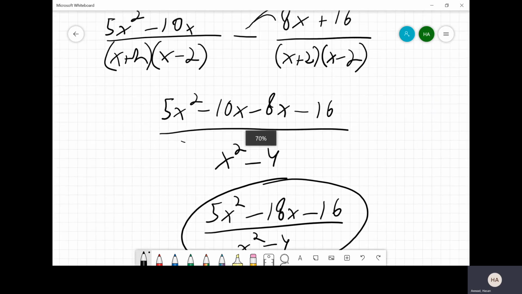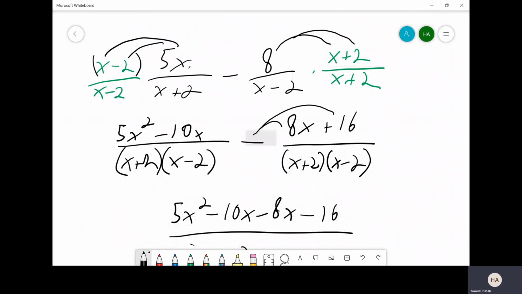So just to recap, all we're doing is first we find a common denominator, which in this case was x plus 2 times x minus 2, right? We just basically multiplied the denominators against each other, and whatever we do to denominators, we also have to do to the numerator, right?